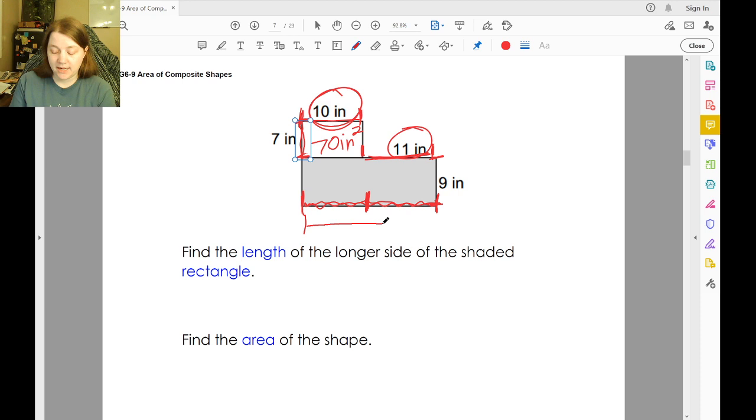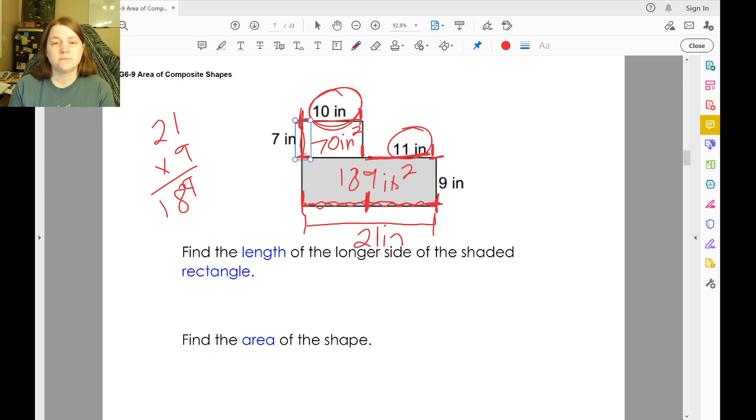So if I combine the 10 and the 11 inches together, that makes 21 inches, which means that the gray rectangle's area is 21 times 9 inches, because here's the 9 and here's the 21. And that makes 189 inches squared.